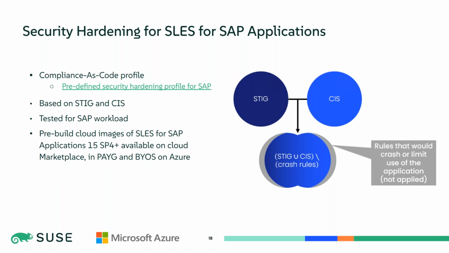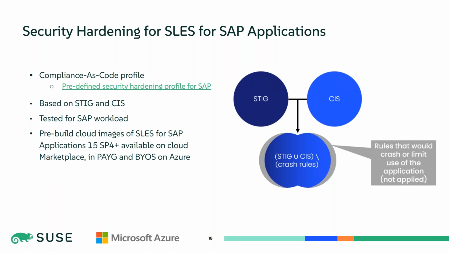This profile has been released in GitHub and the Compliance as Code project. You can grab that profile and integrate it with your data center standards. You can review all the rules within that profile, and either remove some rules or even add your own rules.